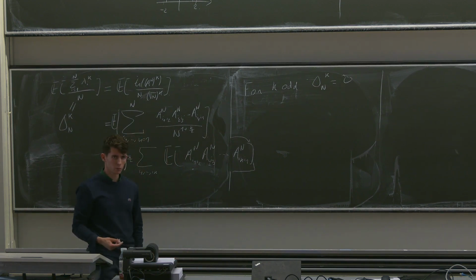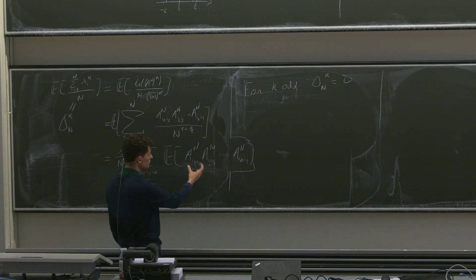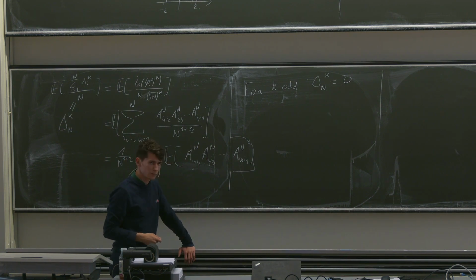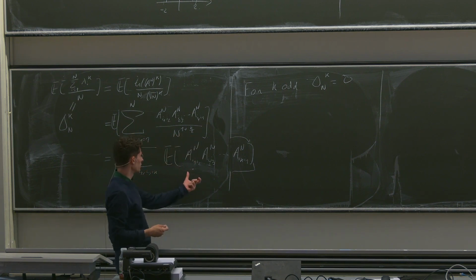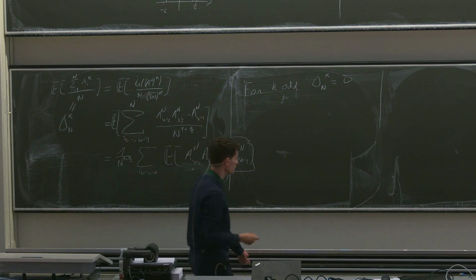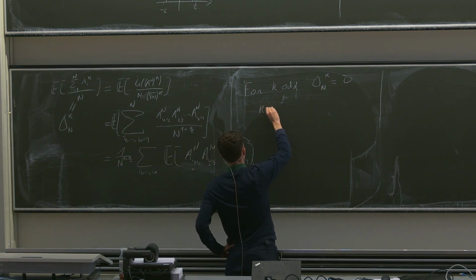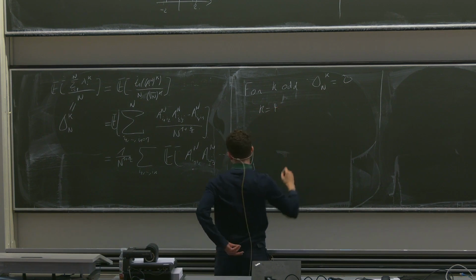Now for k even, this is more interesting because you will have some pairings of them, and then you will have them at some even power, and then they won't cancel anymore. The one that will cancel is the one where they still appear at some odd power. So for example, let me look at k equals 4.